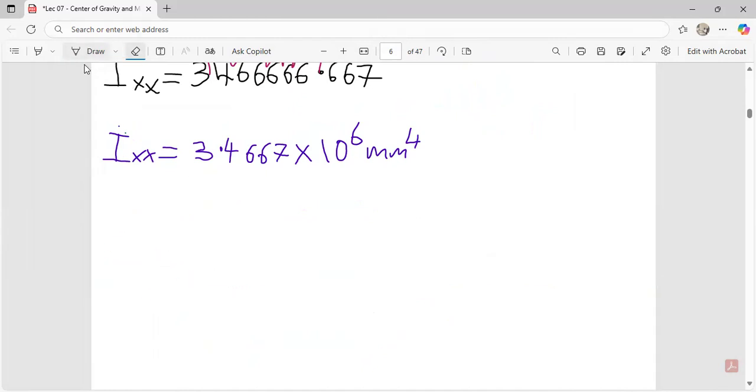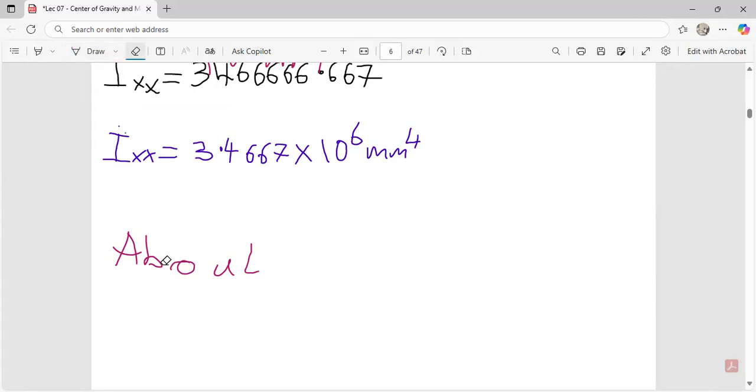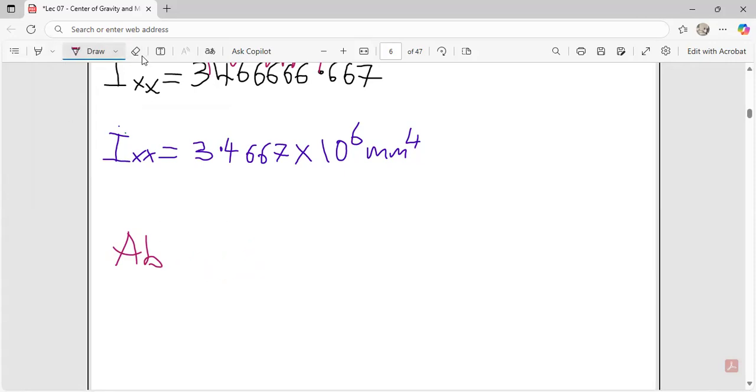So you also want to do it about the y axis.